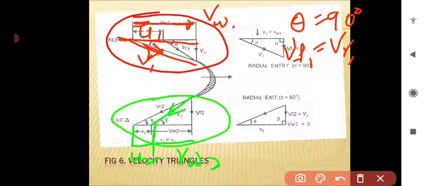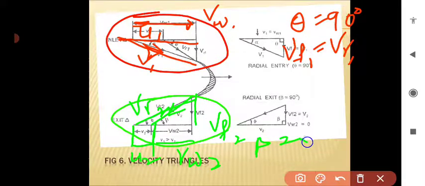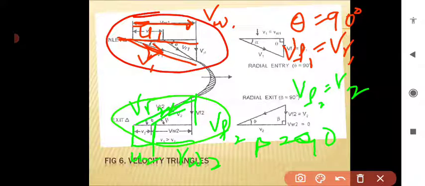The relative velocity is Vr2, and the flow velocity Vf2 is perpendicular to the velocity at exit. Suppose beta is equal to 90 degrees, then Vf2 is equal to V2, so Vw2 is equal to 0.